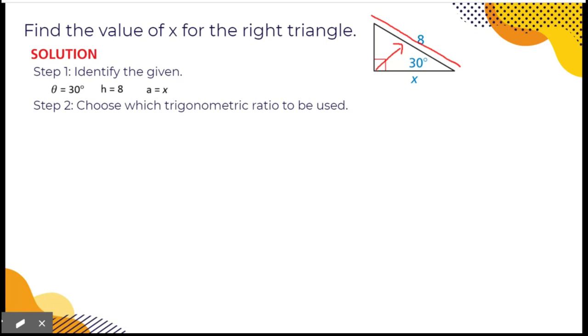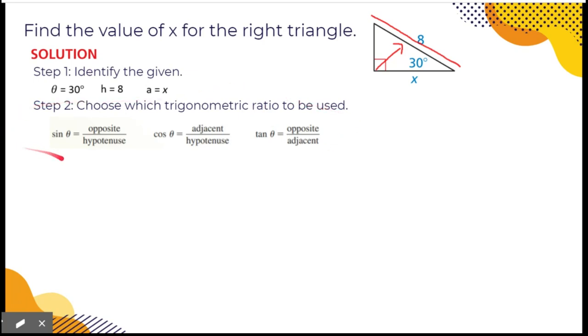After we identify the given, step 2, we need to choose which trigonometric ratio will be used. We do have 6 trigonometric ratios, but we focus on the first 3 simple trigonometric ratios. We have the sine theta, cosine theta, and tangent theta. Sine theta is equal to opposite over hypotenuse. Cosine theta is adjacent over hypotenuse, and tangent theta is equal to opposite over adjacent.